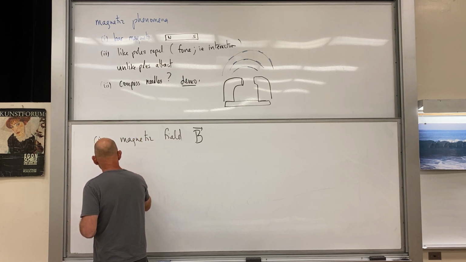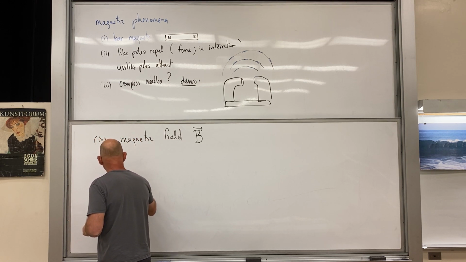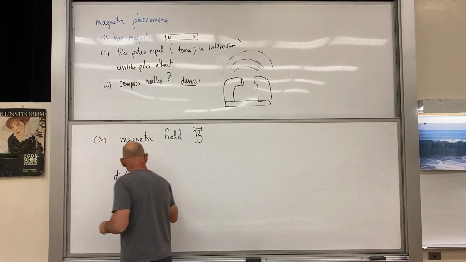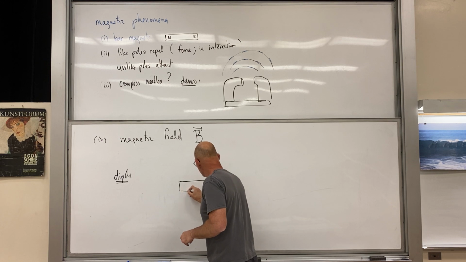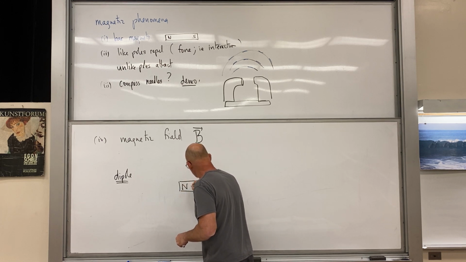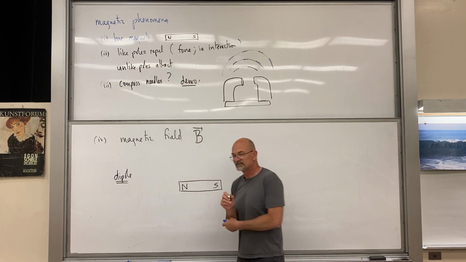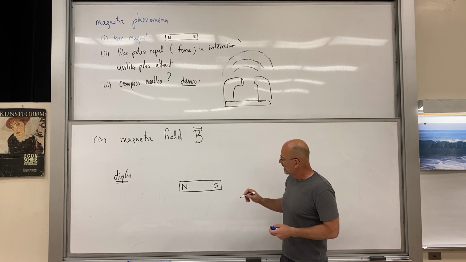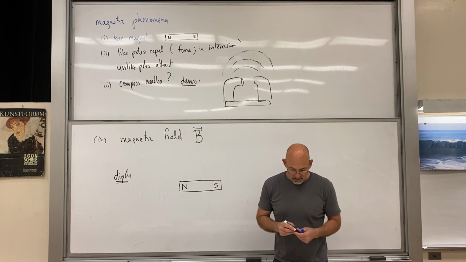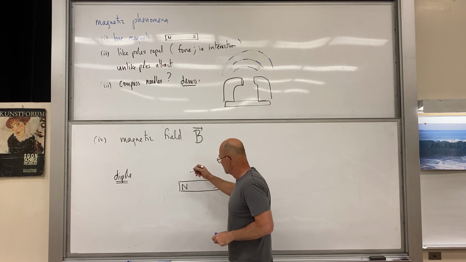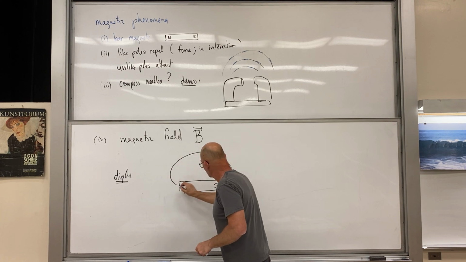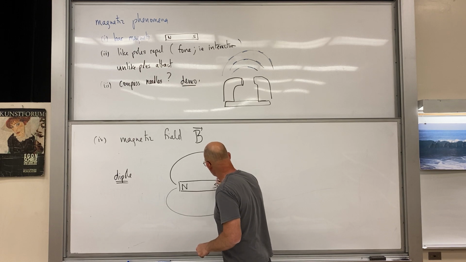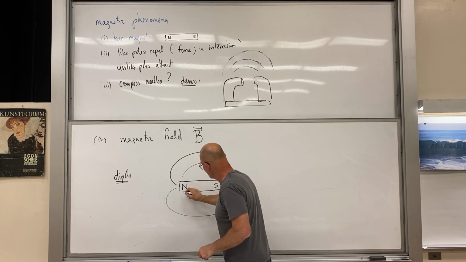Field of a dipole. So a magnetic dipole, this is the phenomenon I was just showing you. So let's say there's a north pole and a south pole. How about another color? Well, so I'm just going to draw some of these field lines. I hope you recognize these shapes.